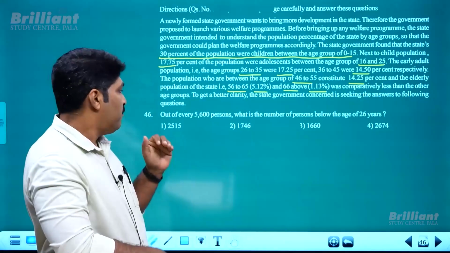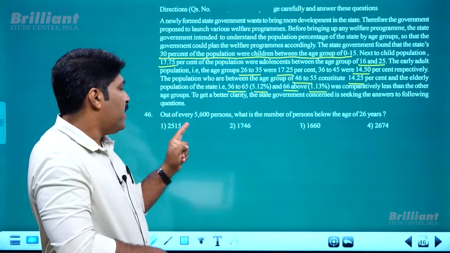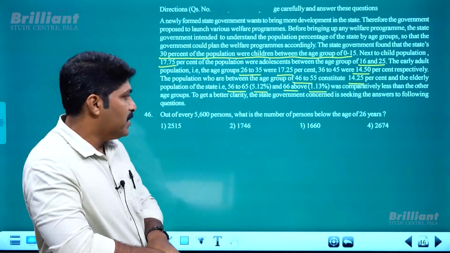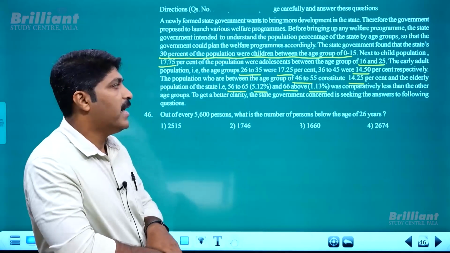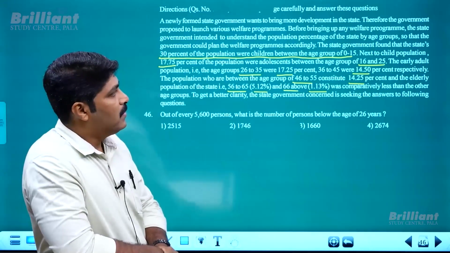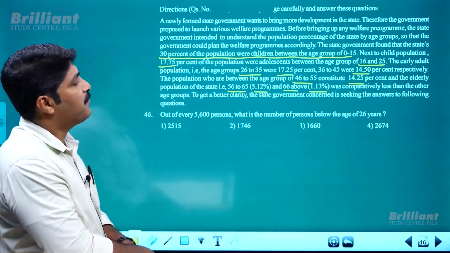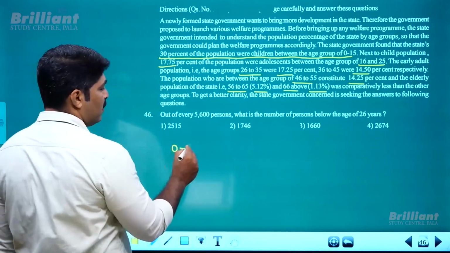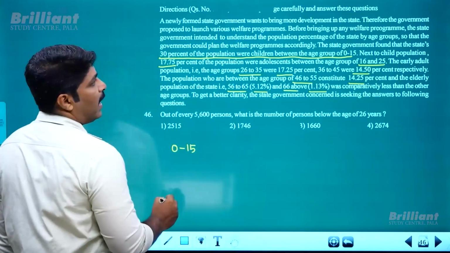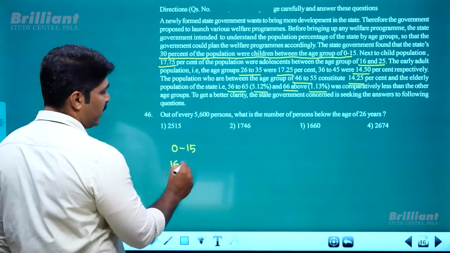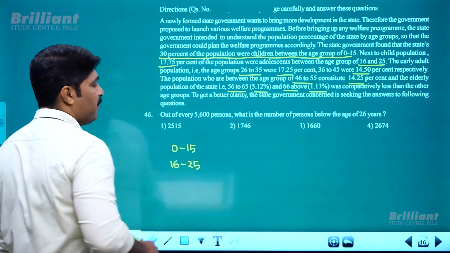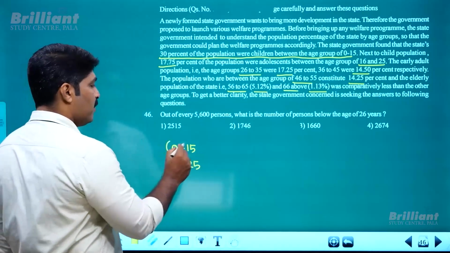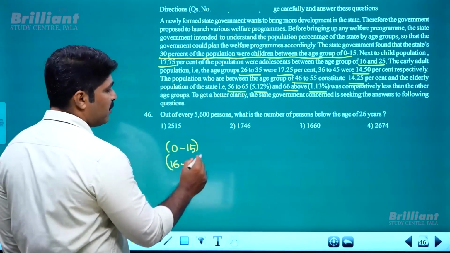Now the question: out of every 5,600 persons, what is the number of persons below the age of 26? There you have to consider two different groups, 0 to 15 and 16 to 25. What is the percentage distribution here?